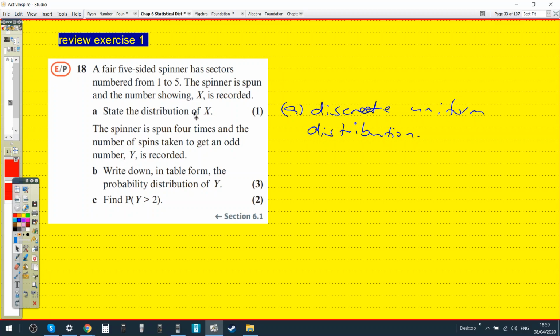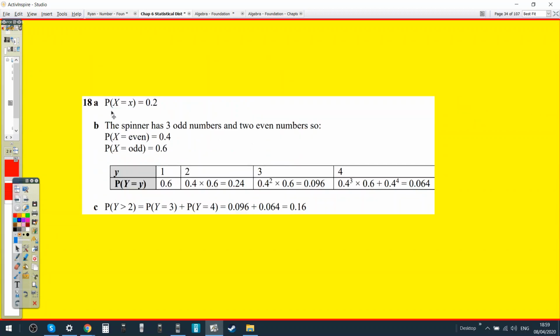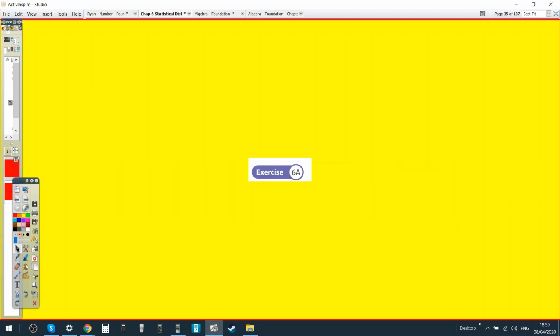State the distribution of x. Maybe if they say the type of distribution, you'd say discrete uniform distribution. In this case, probably. Yeah. Why would they ask this? Okay, that stuff. X, a half, or a tick.